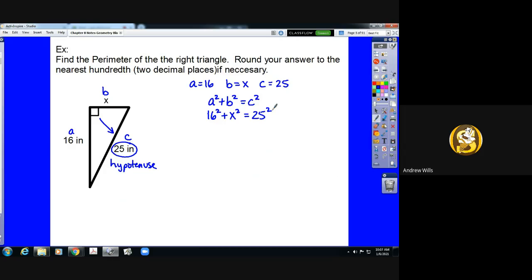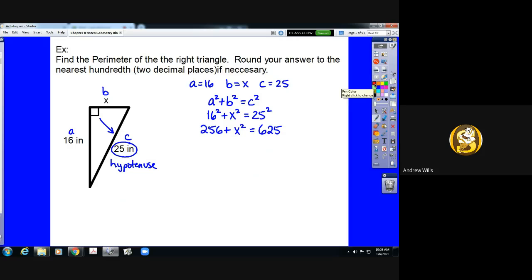So 16 squared is 256. 16 times 16 is 256. 25 squared is 625. 25 times 25 is 625. To solve that equation, this is like the second example.